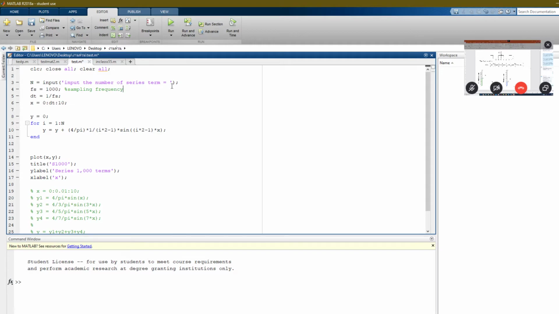Homework number 2, where I asked you to plot the partial sum. So please, whoever wants to, you can share your screen. Who wants to be the first?